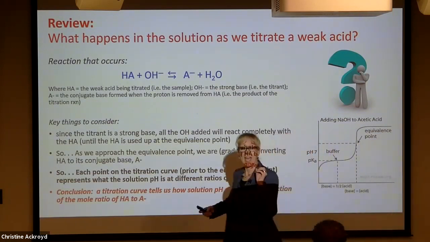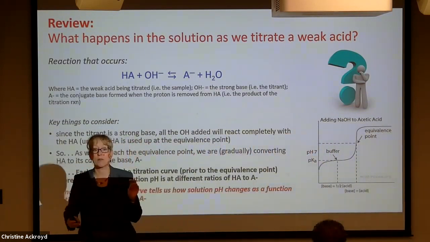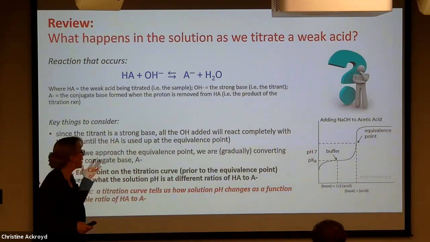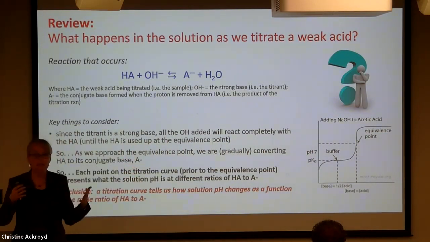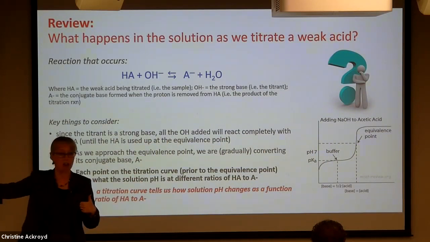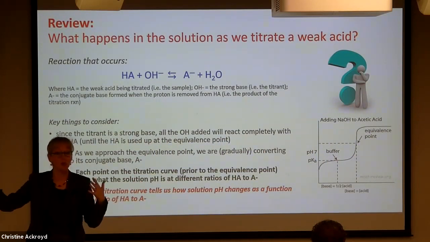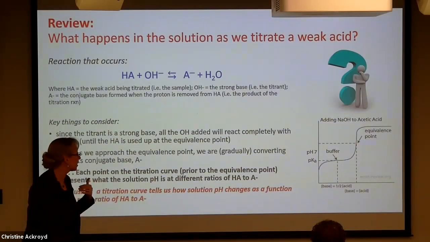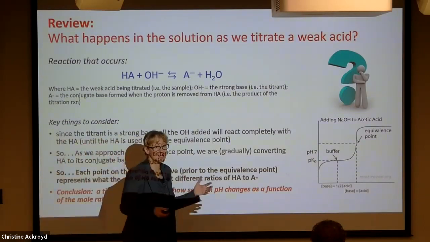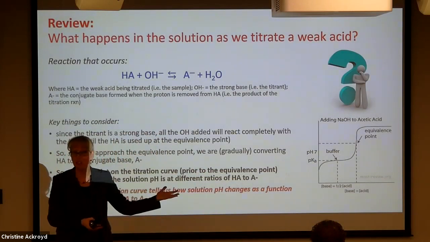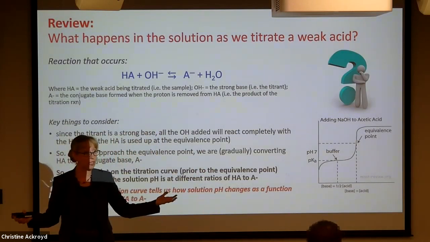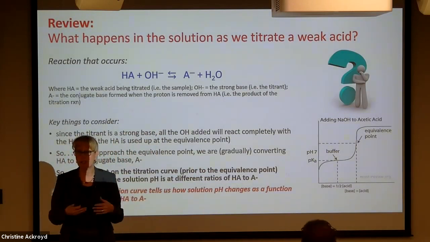Okay, so can we conclude? We're talking about a weak acid. The pH of the solution depends on the relative amounts of the weak acid and its conjugate base. If you were to make a solution with different quantities of a weak acid and its conjugate base together in the same solution, would you get different pHs depending on what mole ratio you use?